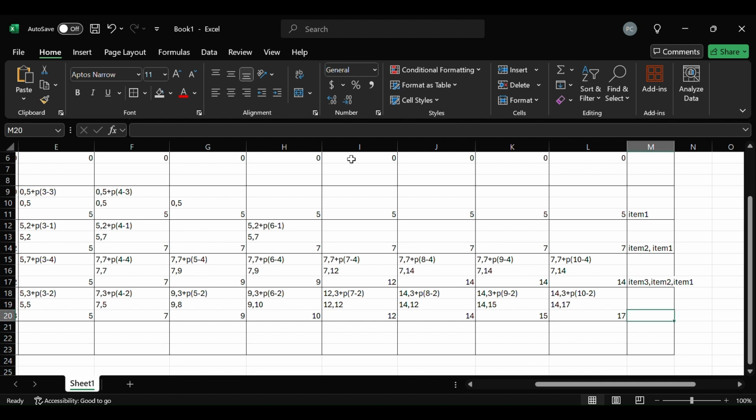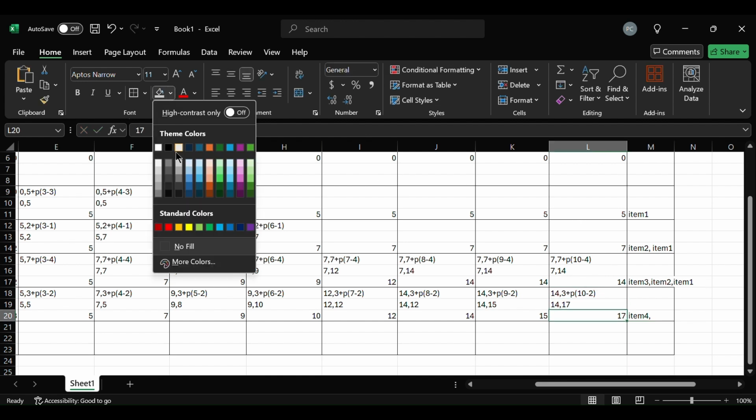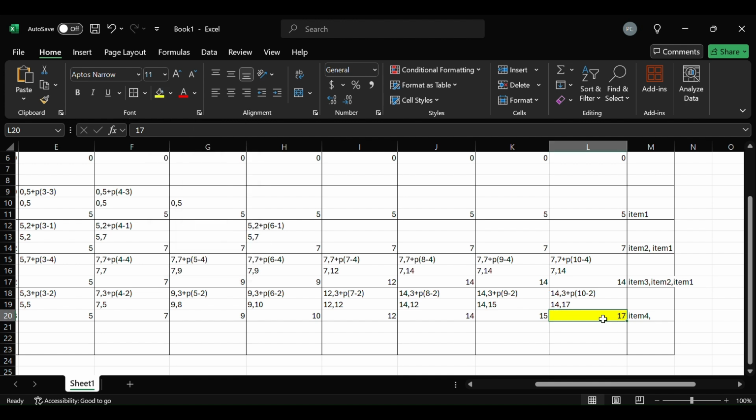So I'll place it here, item 4, and let me just highlight this row. So right, picking up here. So we need to consider the remainder of the items.